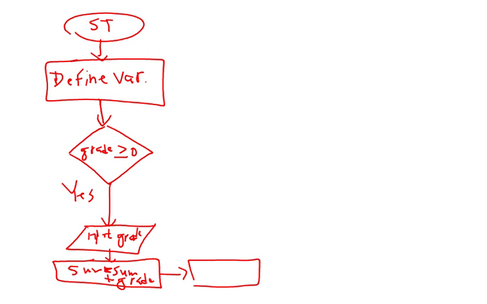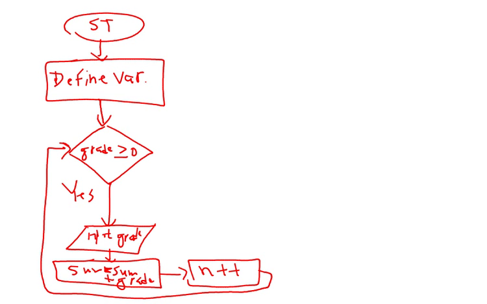Then we had n plus plus, and then it flowed back here. So that's the loop. As long as grade was greater than or equal to 0, we just kept looping. So again, let me show you the loop. The loop flows that way. Once grade is no longer greater than or equal to 0, that means we entered in a negative value.